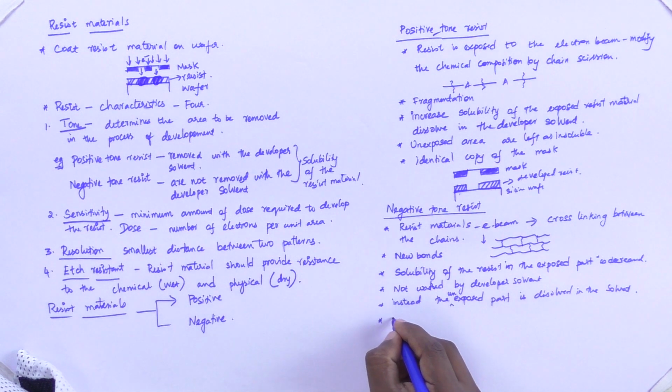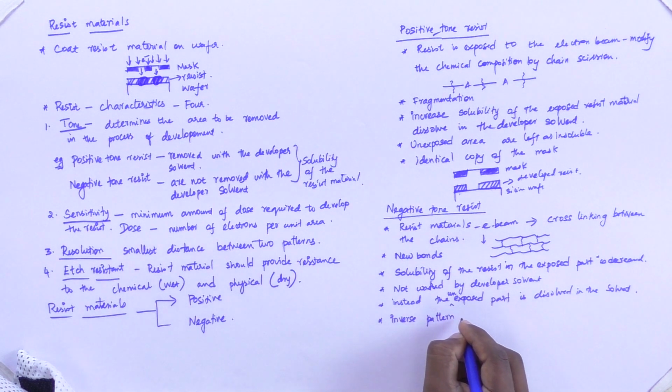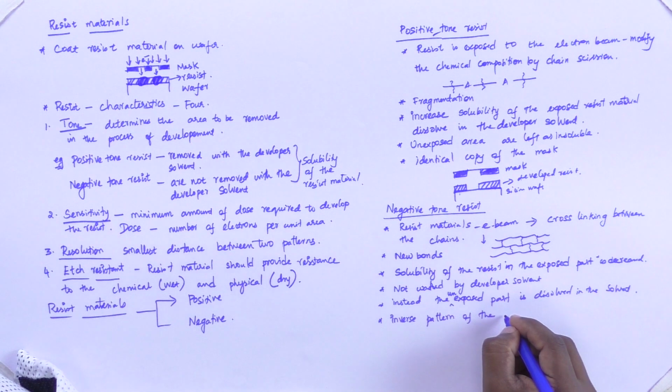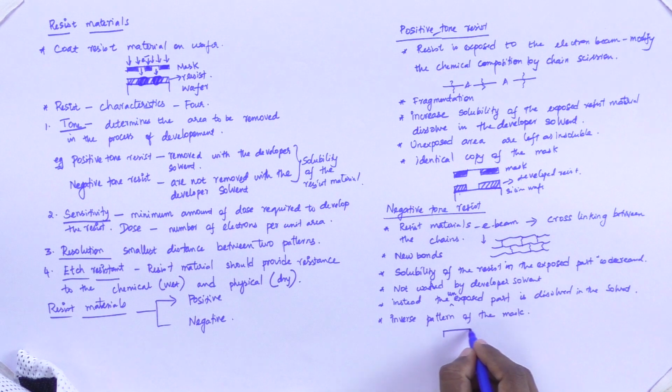So obviously what you will obtain is the inverse pattern of the mask. If we use the same mask here, so this is your mask, and this resist material is negative tone, which means what you will obtain, this is the silicon wafer, is the inverse.